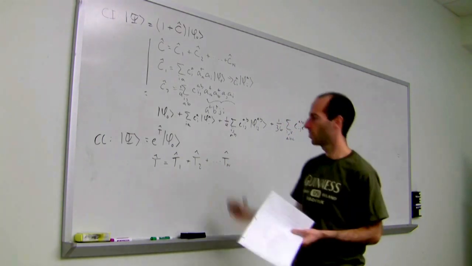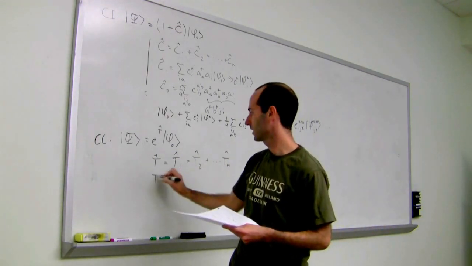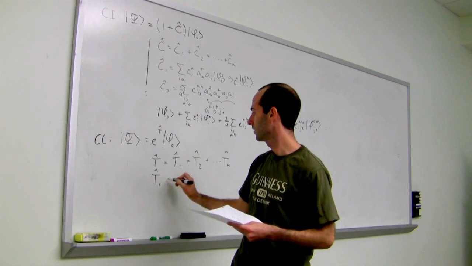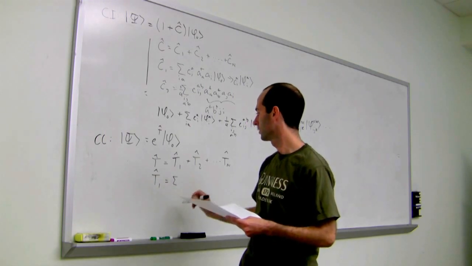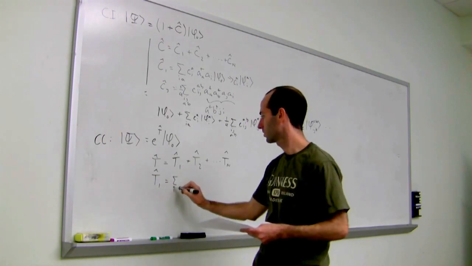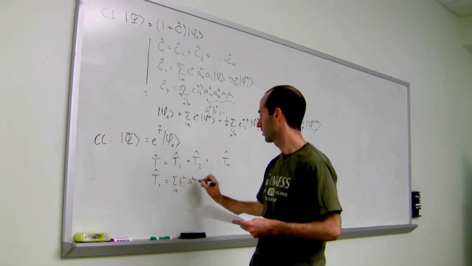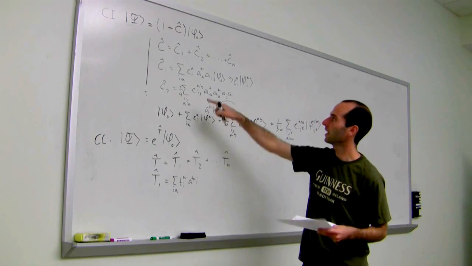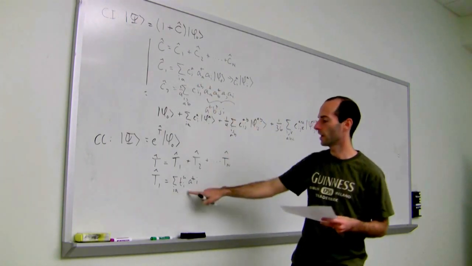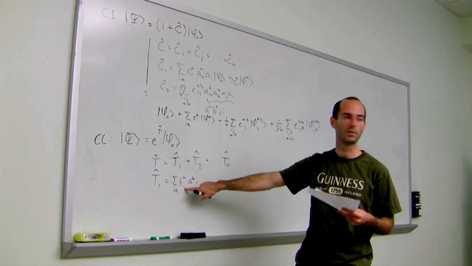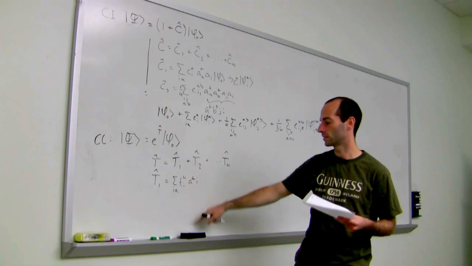And it can be decomposed. Each of these pieces looks exactly the same as above. I'll just show you T1 so you don't have to go crazy watching me write the same thing over and over: a dagger i. So instead of a CI coefficient, c_ia, we have what's called a CC amplitude, and we denote that with a T instead of a C.